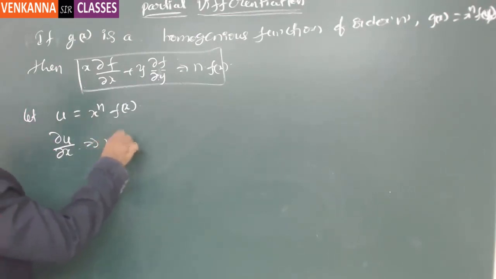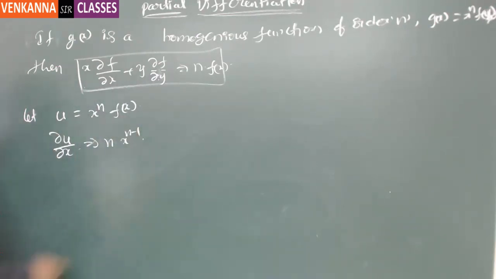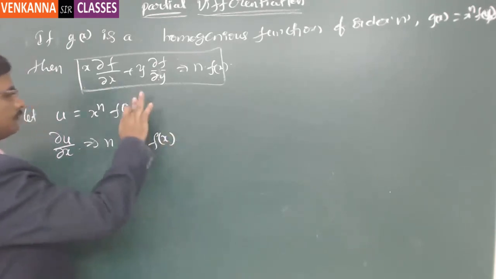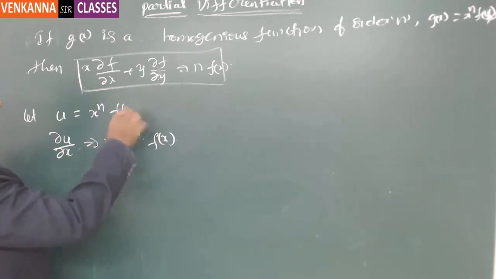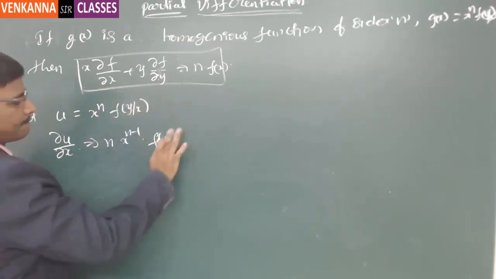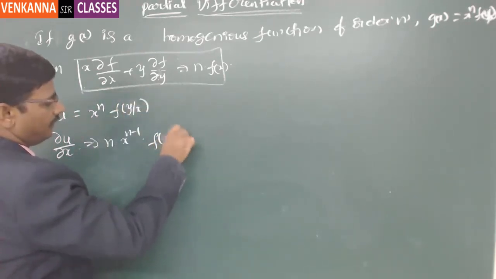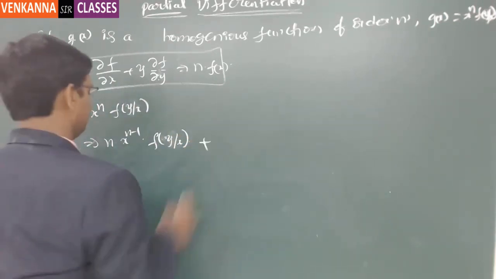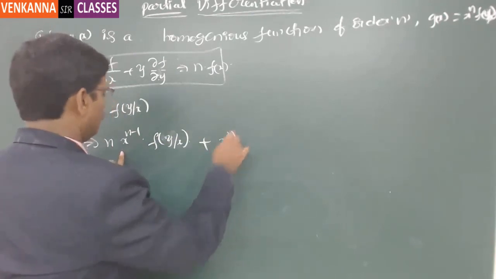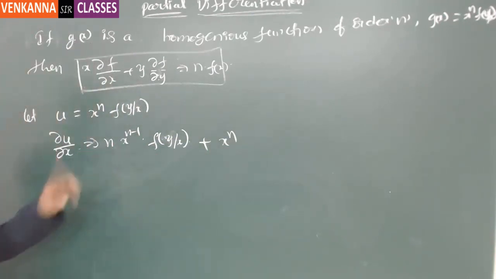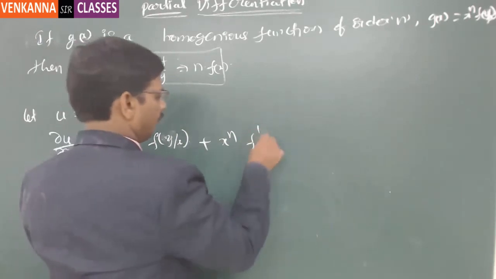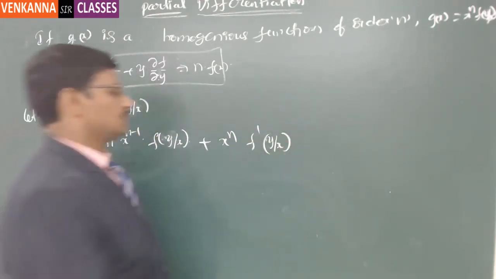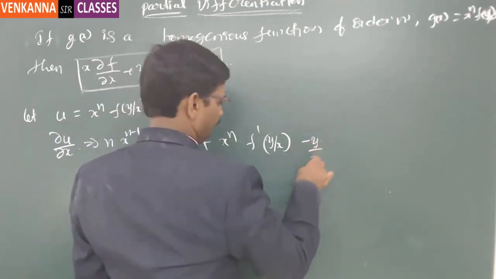It is n into x power n minus 1 into f of y by x, plus x power n into the derivative of f of y by x with respect to x. So this is f dash of y by x into the derivative of y by x with respect to x. This will be minus y by x square.